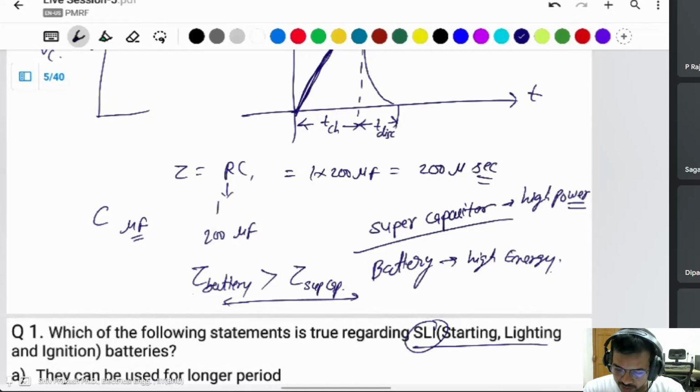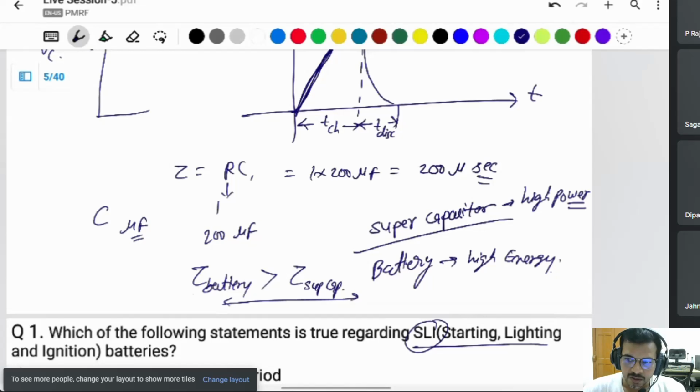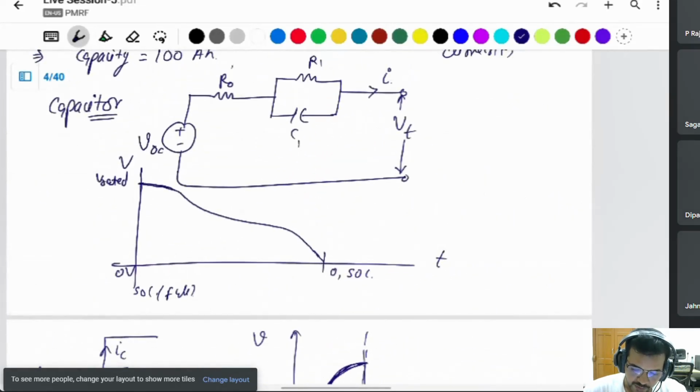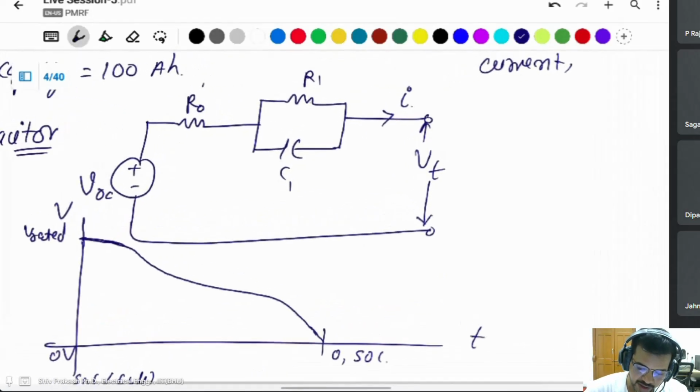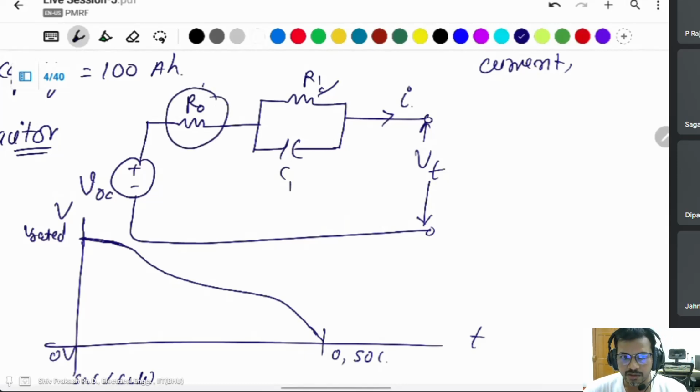But the supercapacitor will provide a large amount of current very quickly because its time constant is in microseconds, while the battery's time constant is in milliseconds. The battery takes time to start discharging because the battery has not only this resistance, it also has an internal resistance. A capacitor has only a series resistance, the internal resistance.